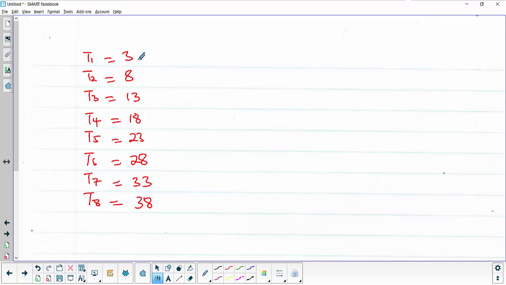Let me explain it again. Our T1 is 3. So we must add 5 to 3 to get 8, because our common difference is 5. So to get T3, it is 8 plus 5, 13 plus 5, and so on up to T8. That is why we have 38 now. But we need prime numbers now.